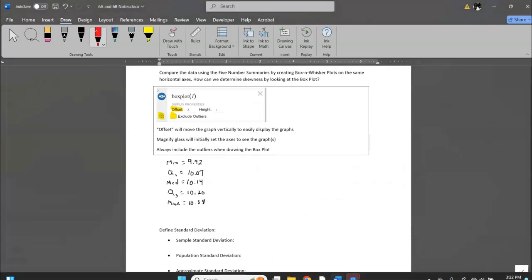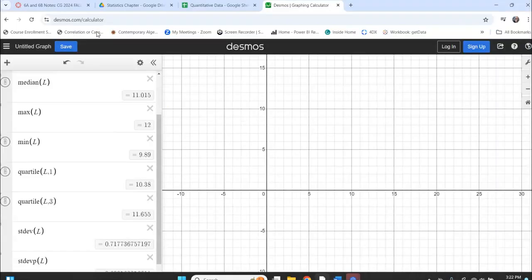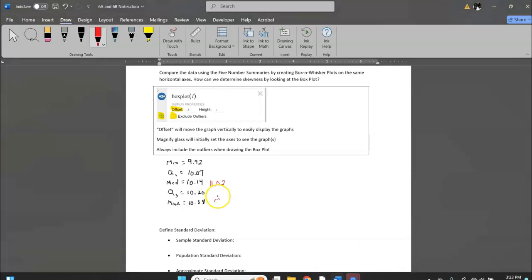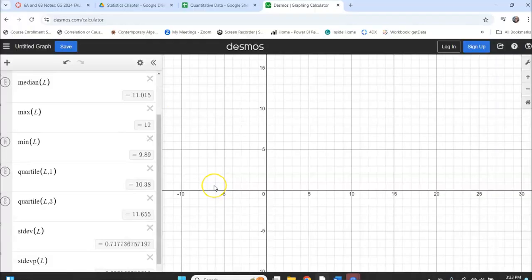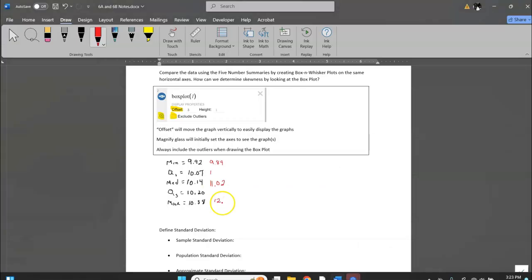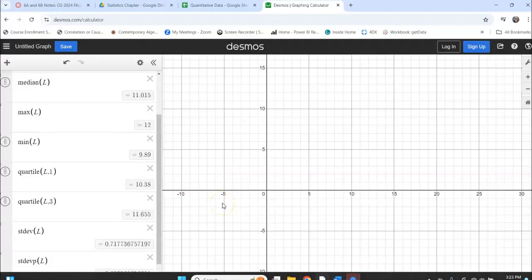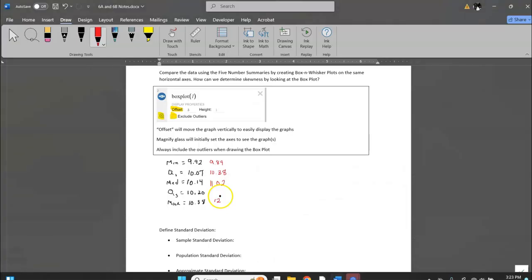The maximum is 12. The minimum is 9.89. The first quartile is 10.38. And the third quartile is 11.66.